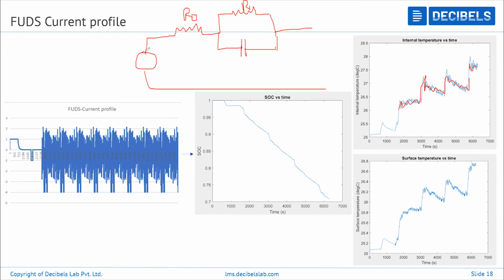It is because when you pass a current through your R0 and R1, when you try to draw the current or charge it, whatever power losses happen at R0 and R1 and even R2, all of this will be added. It is straightforward, right? Q is equal to I squared R losses.